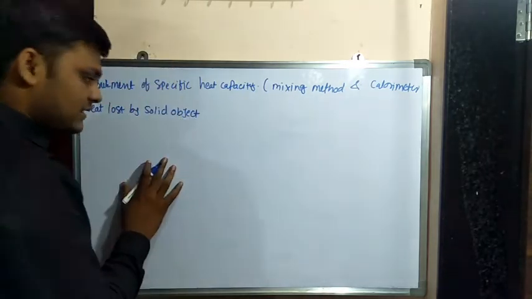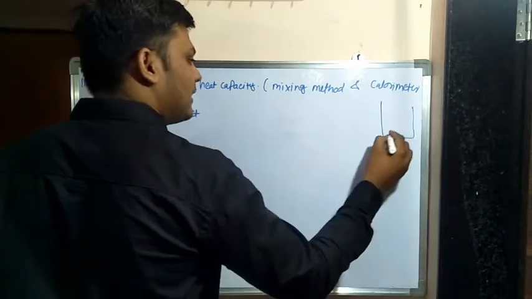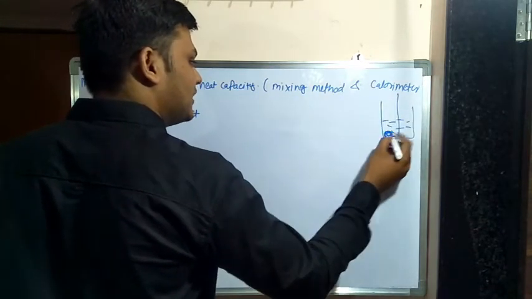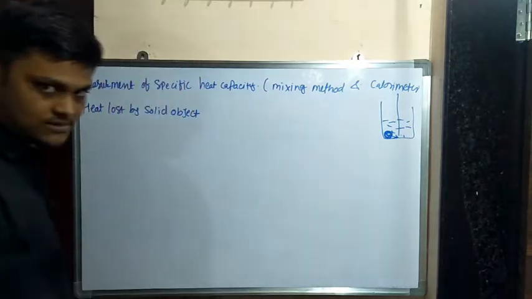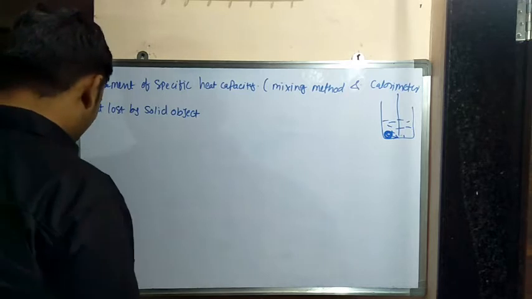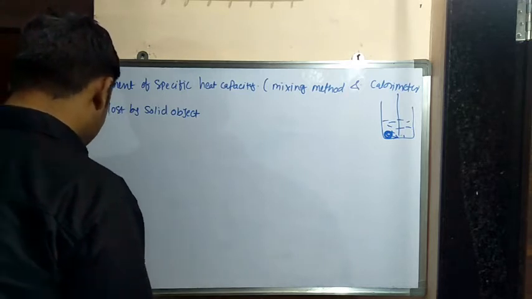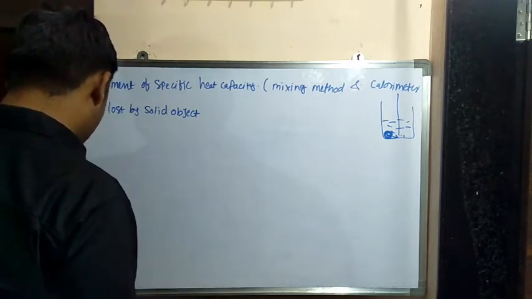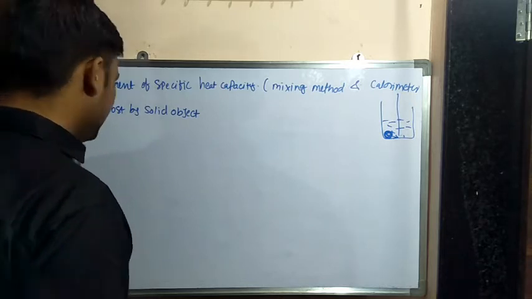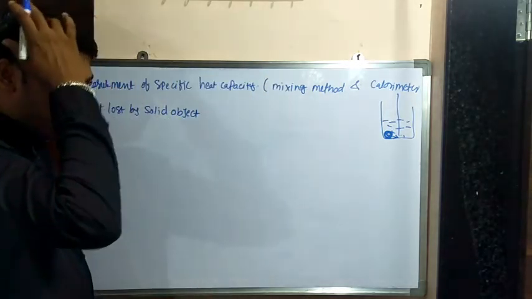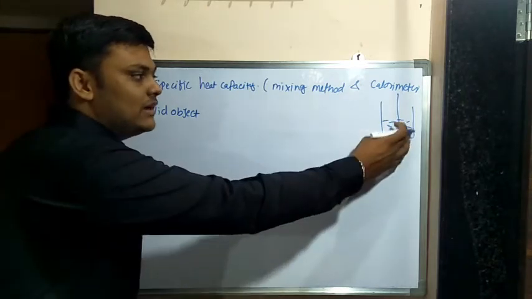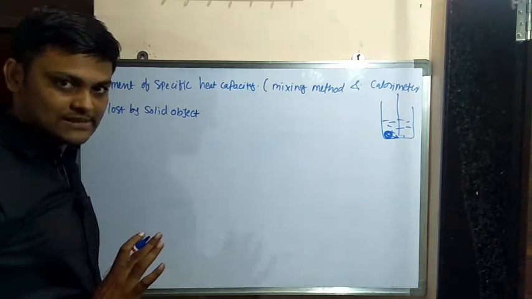As we have seen in the diagram, I am going to write down here: solid ball, water, calorimeter. Here the solid ball loses heat. Whatever heat the solid ball loses is gained by the water in the calorimeter and by the calorimeter. So whatever loss the ball has undergone is only absorbed by the water and this calorimeter, isn't it?